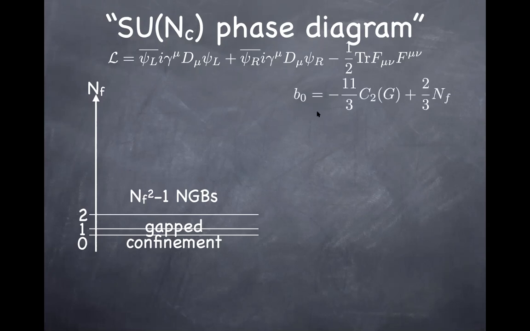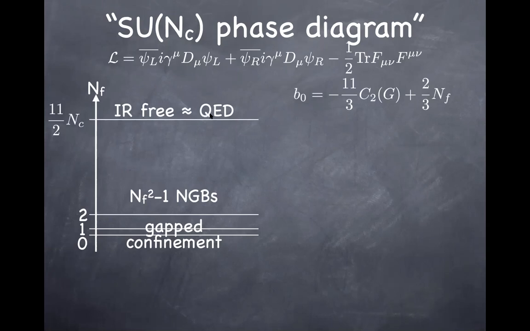What we know is the beta function at the one-loop level is proportional to this combination. So if the number of flavors is bigger than 16 for 3 colors, or more generally, when 11/3 times NC is less than 2/3 NF, if we have that many flavors, then the theory becomes infrared free because the gauge coupling constant flows to 0 in the long distance infrared limit.